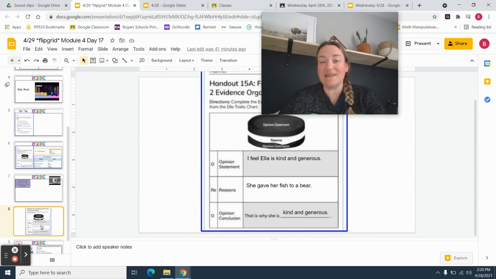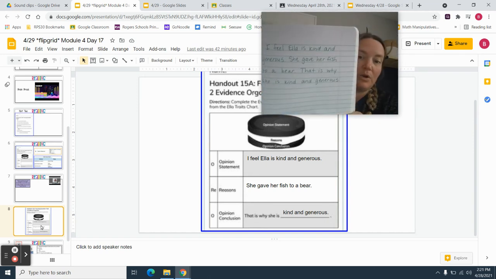And then I'm going to restate my opinion in my conclusion and say, that is why she is kind and generous. Okay. So I took my sentences from my organizer and I wrote them here in my notebook.